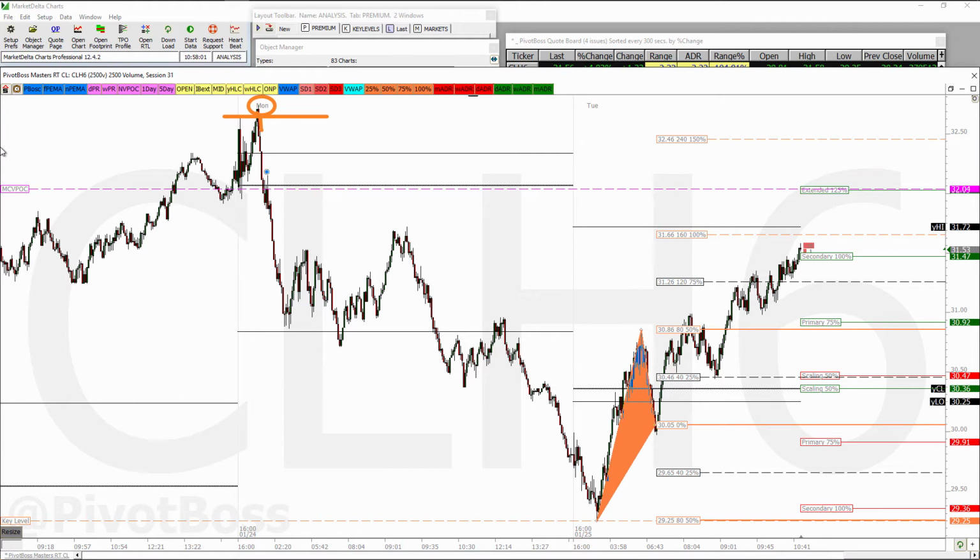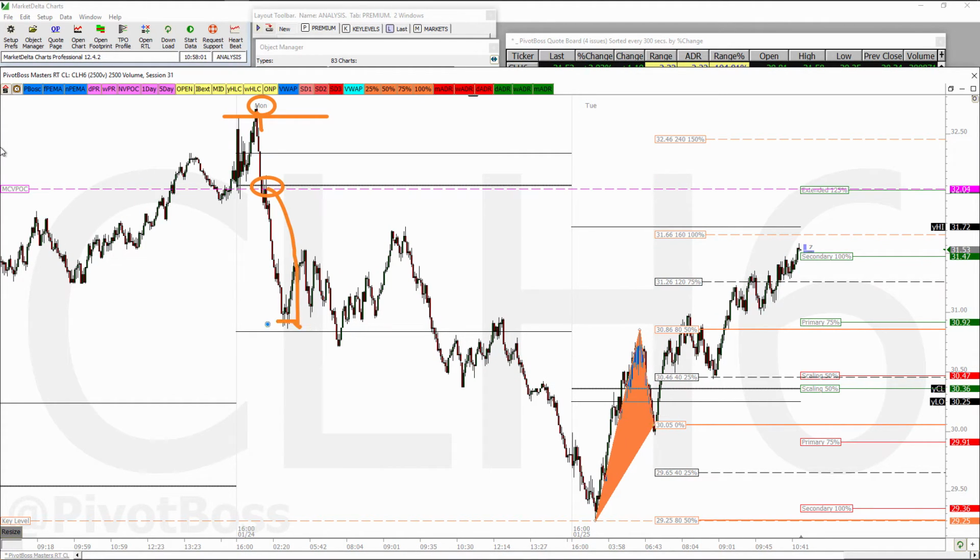If price falls back down to here, you're likely going to take this level offered and you're going to drop it right into the previous low. That's the trade. The trade is, here's the previous high. You see the market's not able to hold above it, so it gets offered right back into the previous low. That's the trade. That's the entire trade. What happens from there, you can deduce more trades from there.